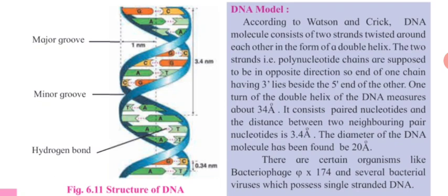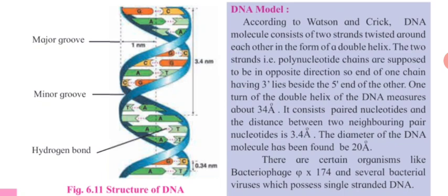A single polynucleotide strand of DNA is not straight but helical in shape, and the DNA molecule consists of two such helical polynucleotide chains which are complementary to each other and held together by weak hydrogen bonds.